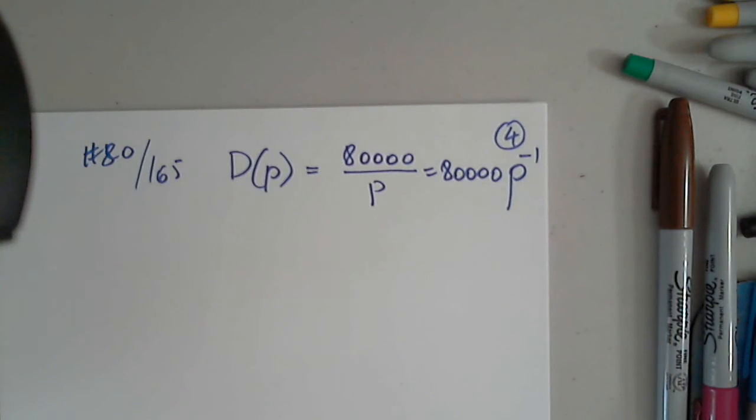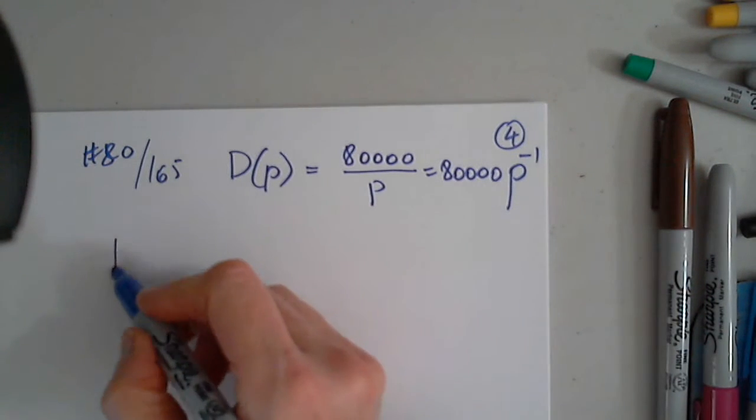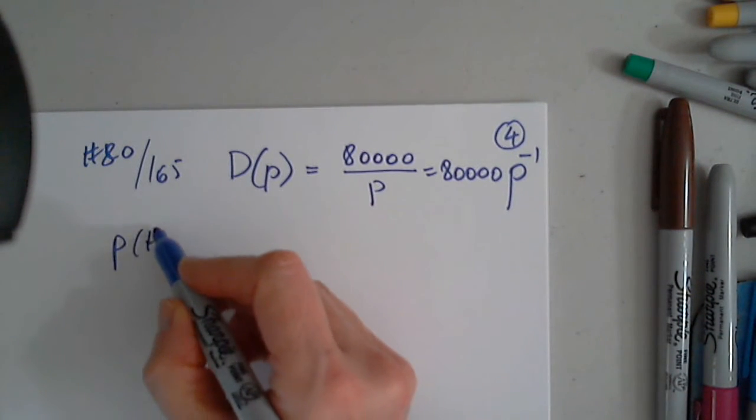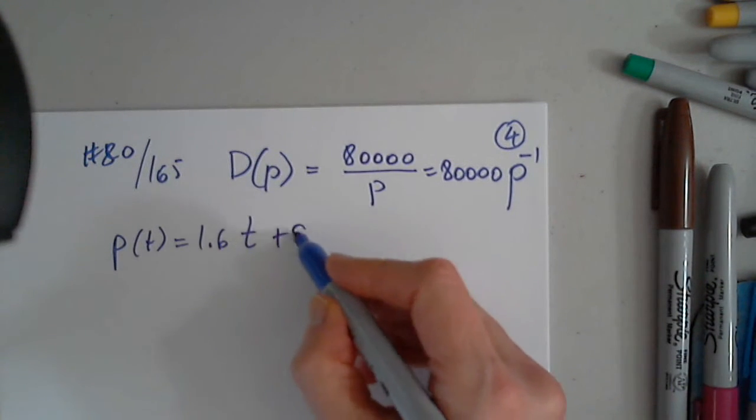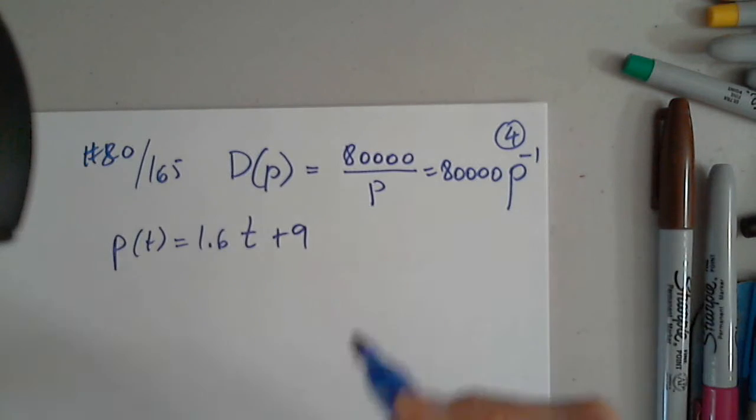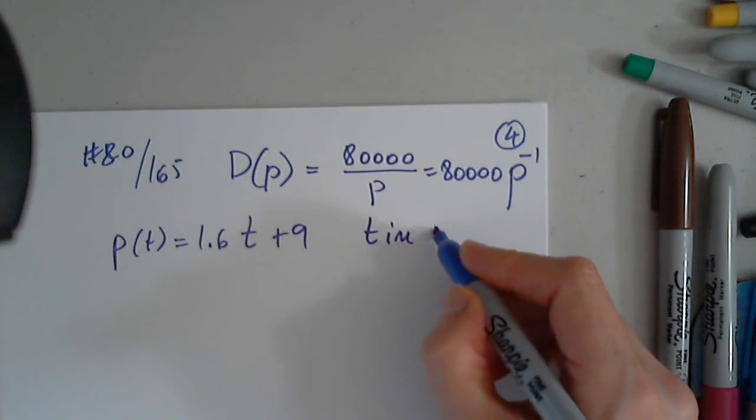The price P is a function of time. P of T is 1.6T plus 9, where T is in days.